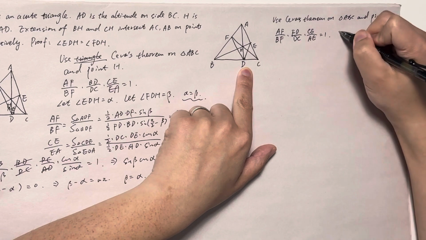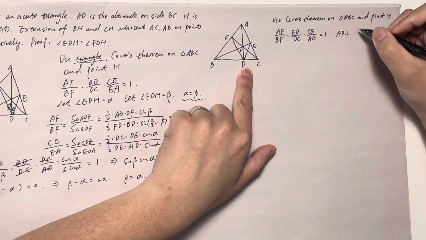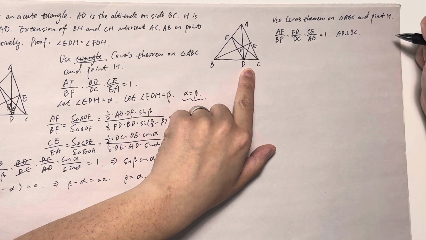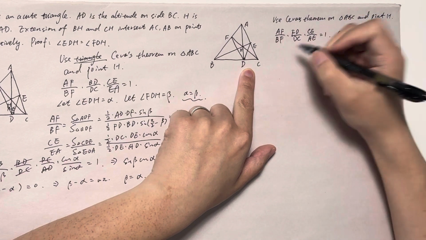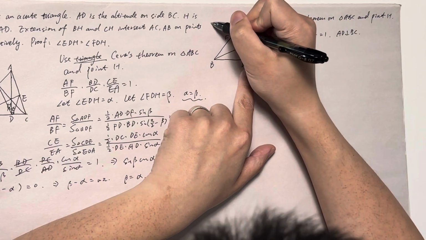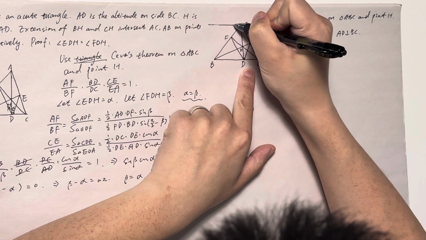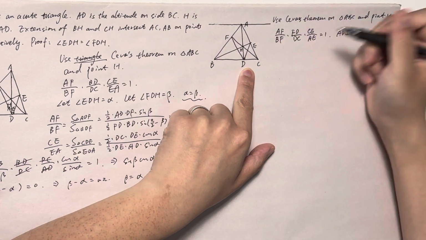And because AD is perpendicular with BC, we can draw a line through point A that's parallel with BC.